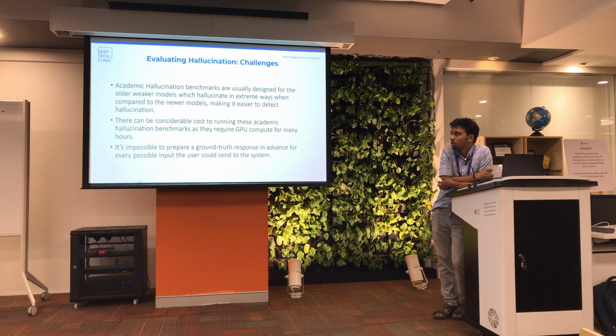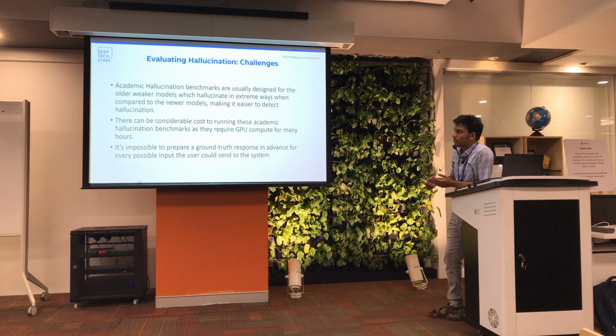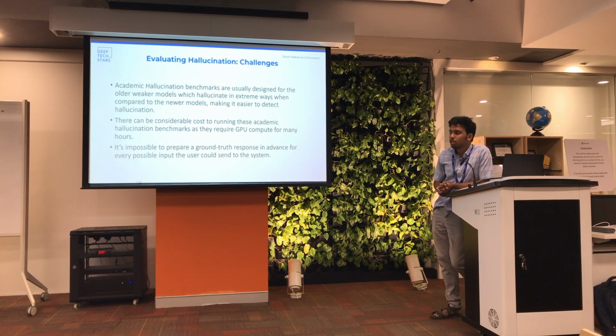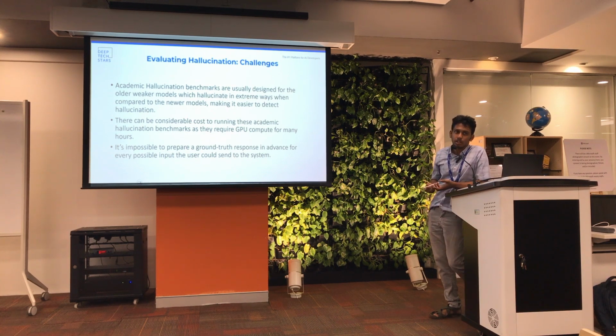And also there is a huge cost related to this, because our LLM needs compute, and to compute the hallucination we also need GPU compute. If we are using a fairly big data set, that will take a lot of time and cost us a lot. And again, it's impossible to prepare a ground truth response for every conversation a user might have.